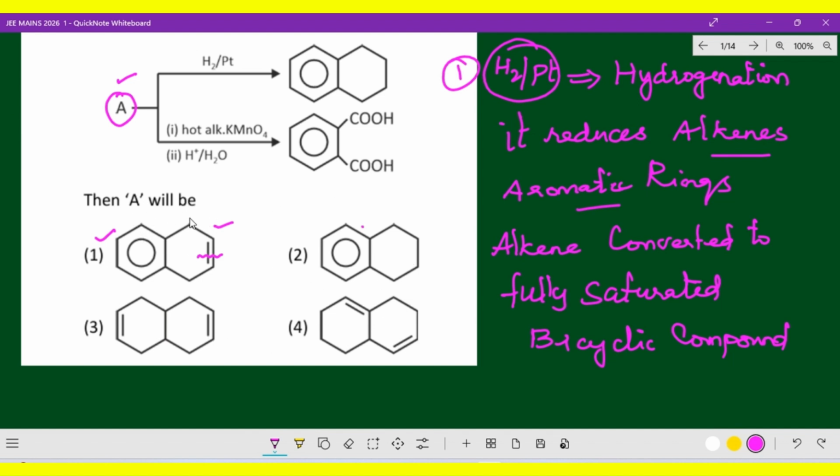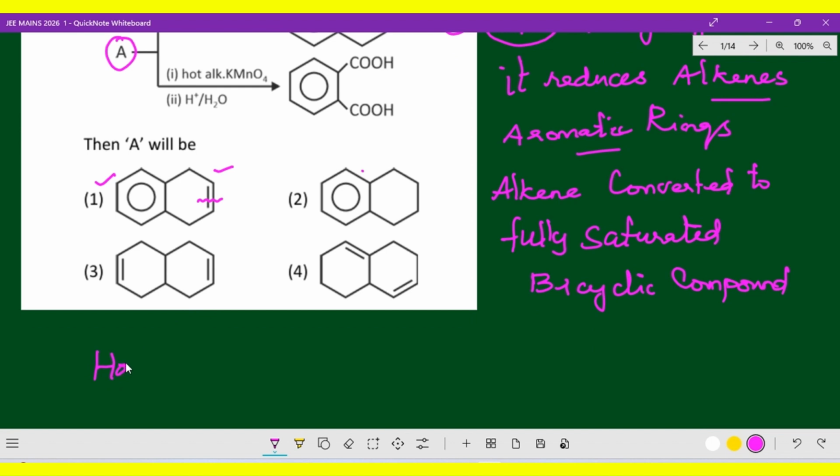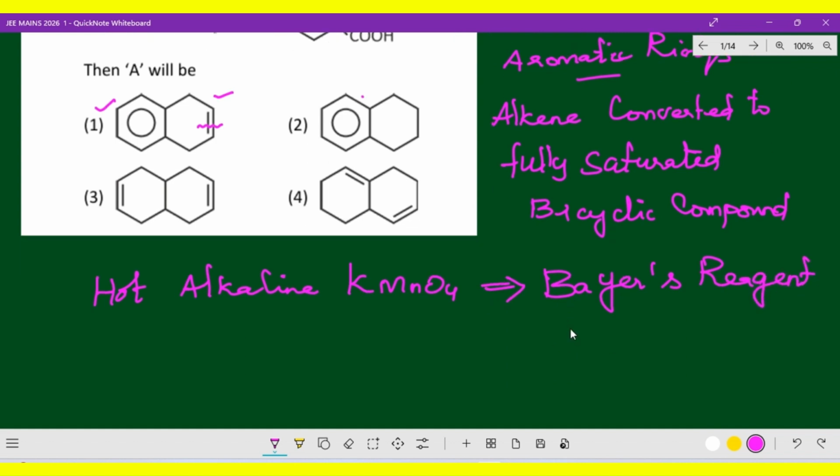Now the same compound, when it is reacting with hot alkaline KMnO4, what is it called? It's Baeyer's reagent. It is an oxidizing reagent, actually a strong oxidizing agent.